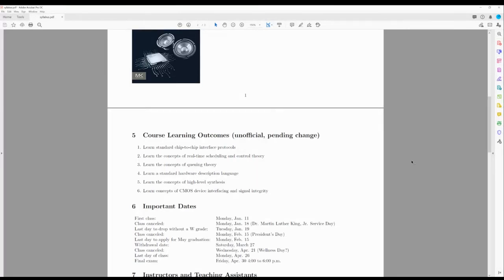So we plan to cover real-time scheduling and control theory, queuing theory, and a few topics that overlap somewhat with stuff that I normally cover in 611 and what I used to cover in 613 VLSI, which is hardware description language, high-level synthesis, and device theory and signal integrity concepts.